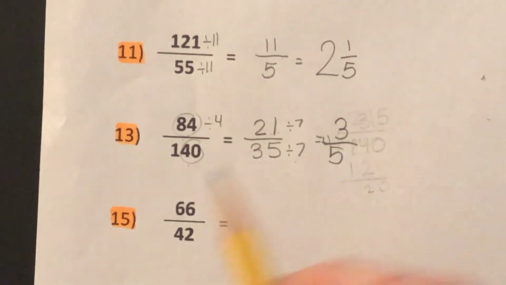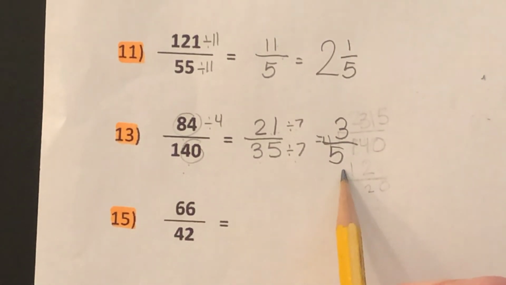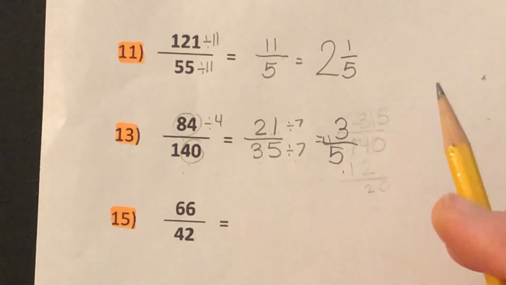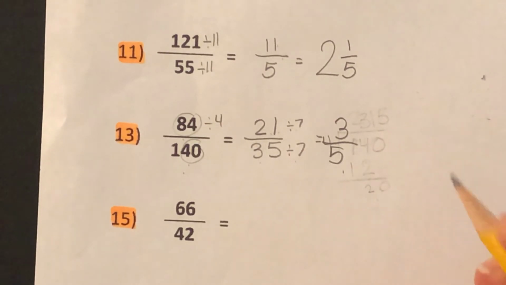So that is the same as that. If someone said, hey, I have 84/140ths of a pizza for you, you'd be like, huh? But if you say, I have 3/5 of a pizza for you, you'll have a better idea of what they're talking about. Now let's look at 66/42.